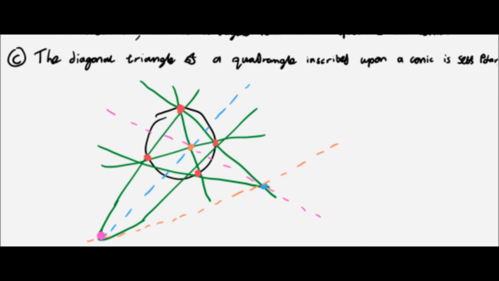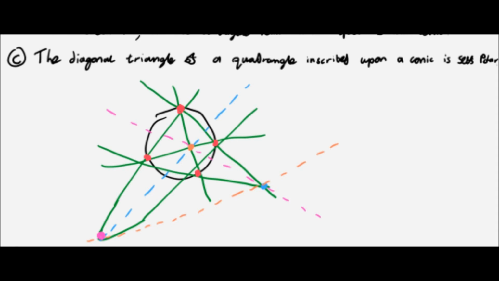And once we've done such a thing, we then just create this complete quadrangle by drawing all the possible lines between these 4 points which lie upon the conic. And if we have a look at the diagonal triangle of such a quadrangle, well, that's actually going to be a self-polar triangle.